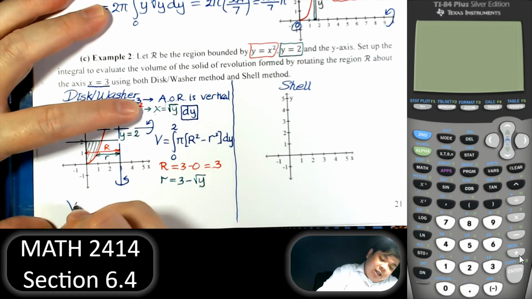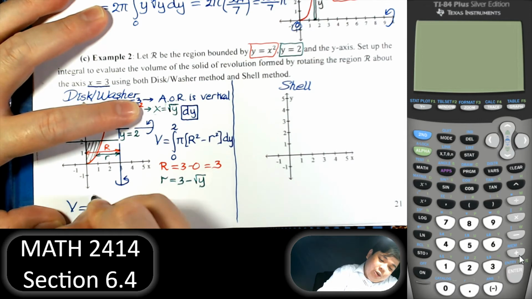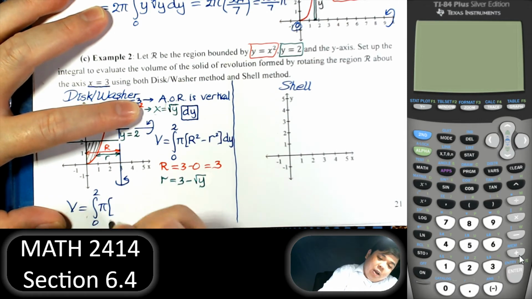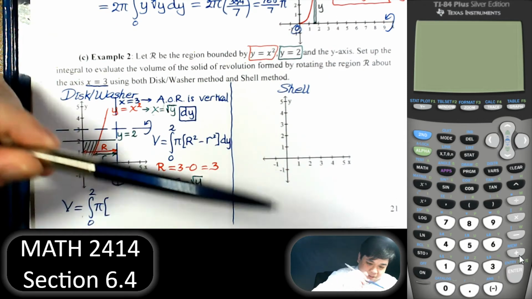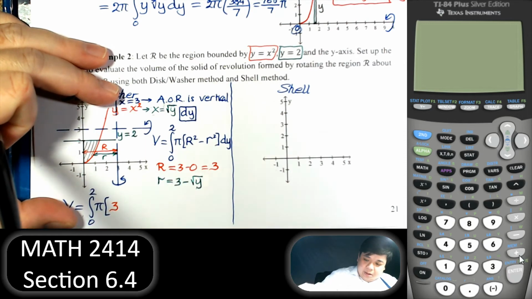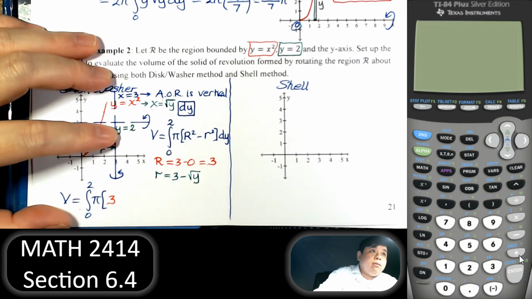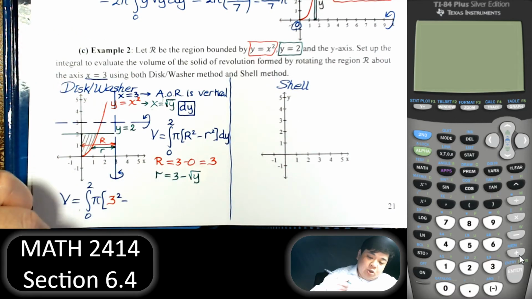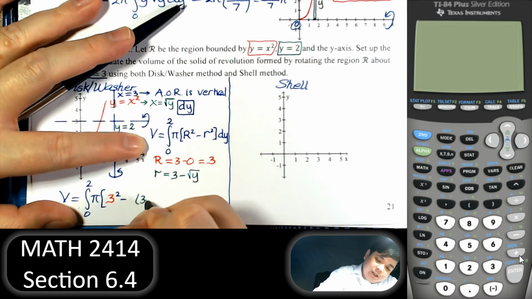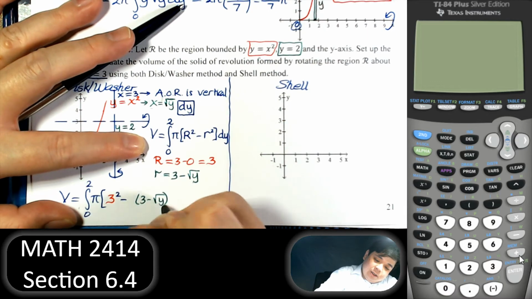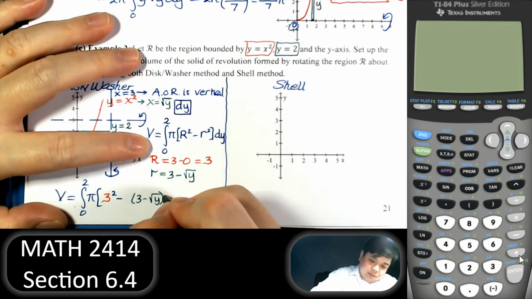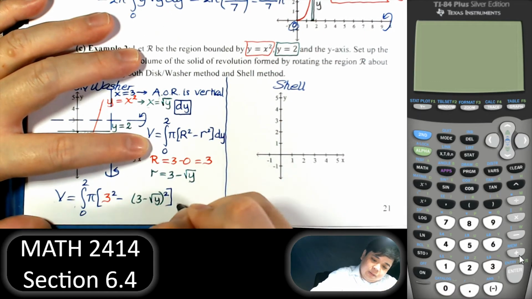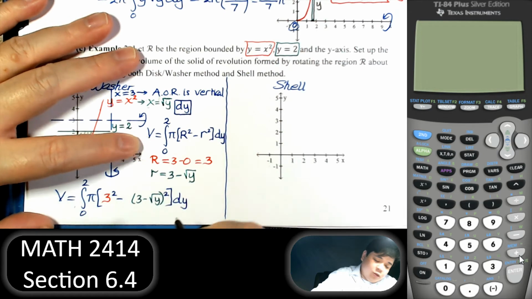Bottom line is V equal to the integral from 0 to 2 of pi times big radius squared minus little radius squared.